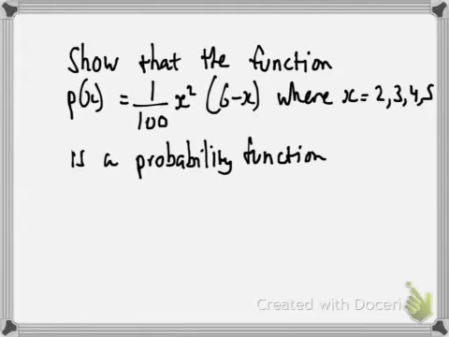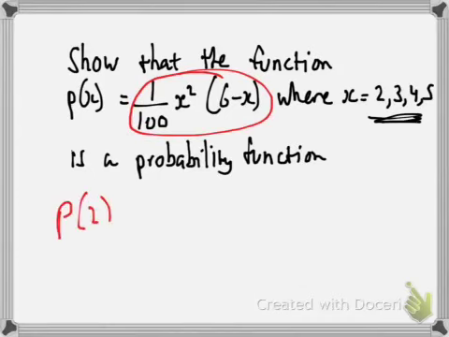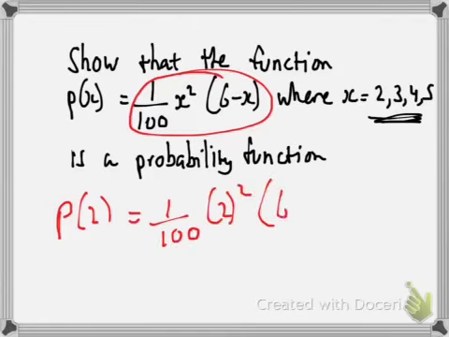Well, all we really do here is place each of those values into here, one by one. So let's start with P of 2. So P of 2 is going to equal 1 on 100 times 2 squared times (6 minus 2).